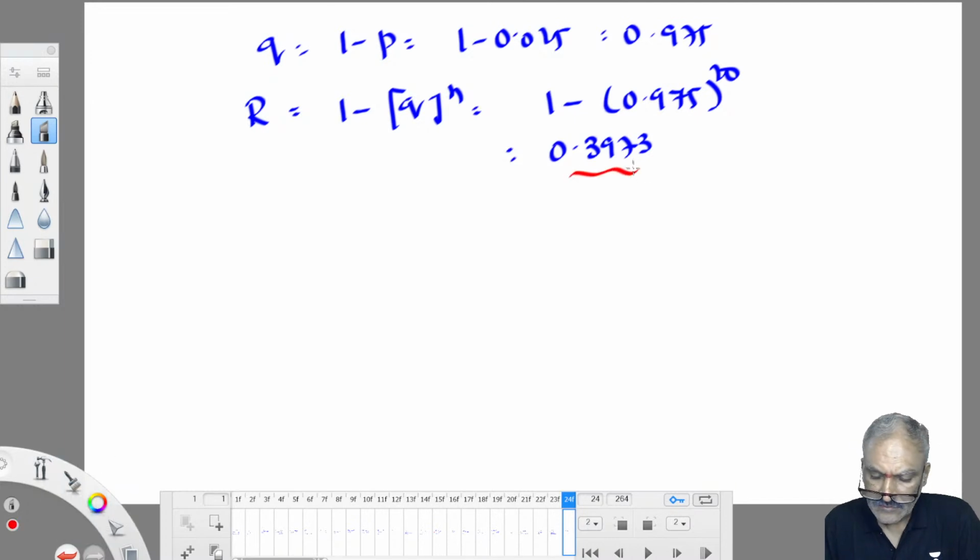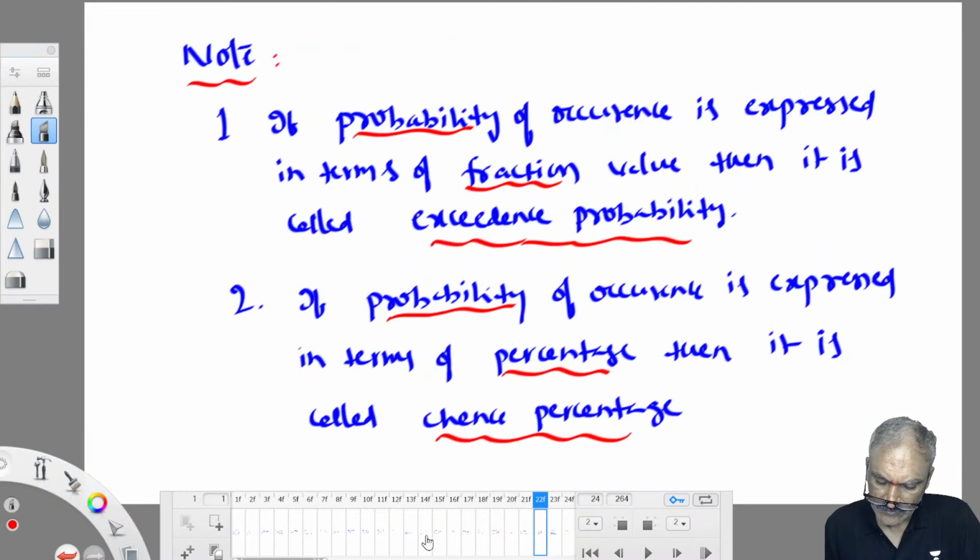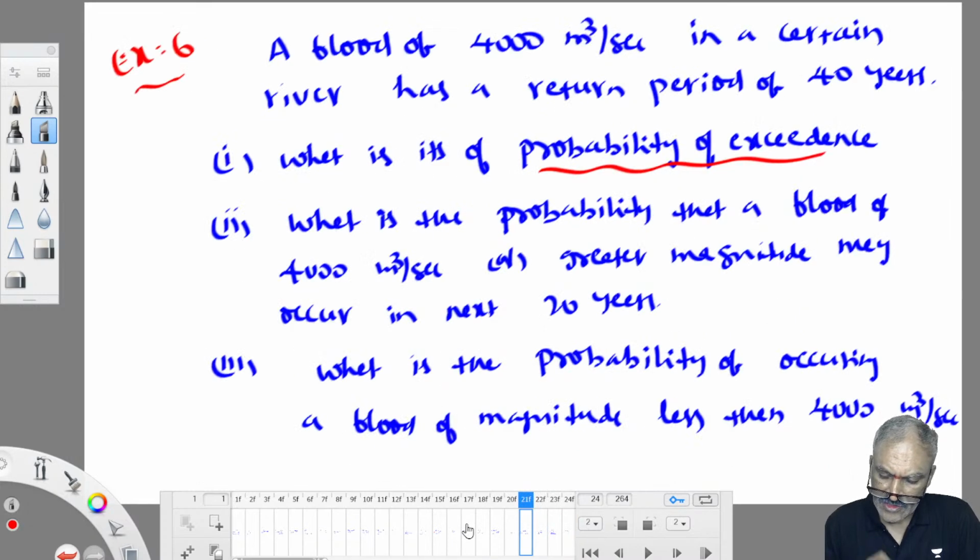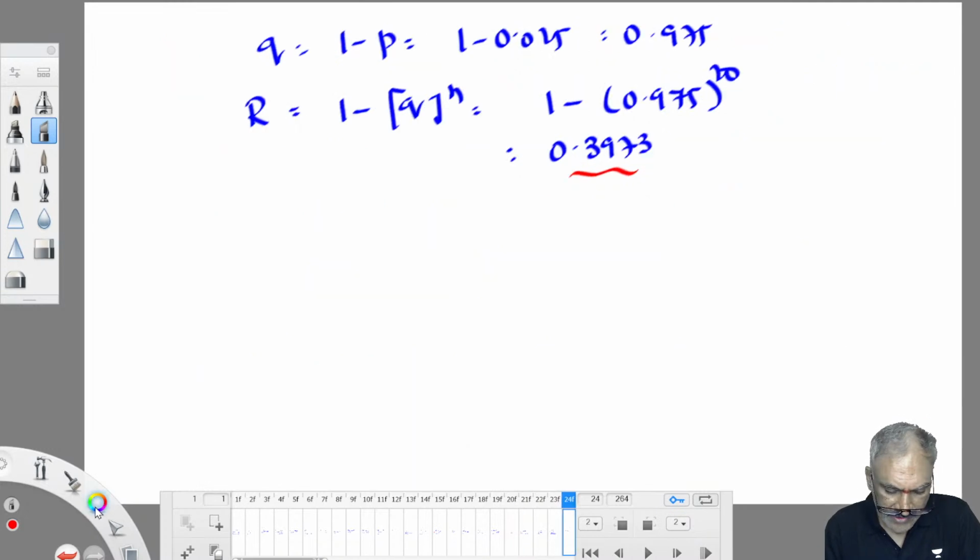And third question. Third question is little tricky. Probability of occurring flood less than 4,000 meter cube per second. But we don't have concept for less than. Equaling or exceedance only this concept. So magnitude less than given magnitude we don't have any concept. But indirectly it is asking.